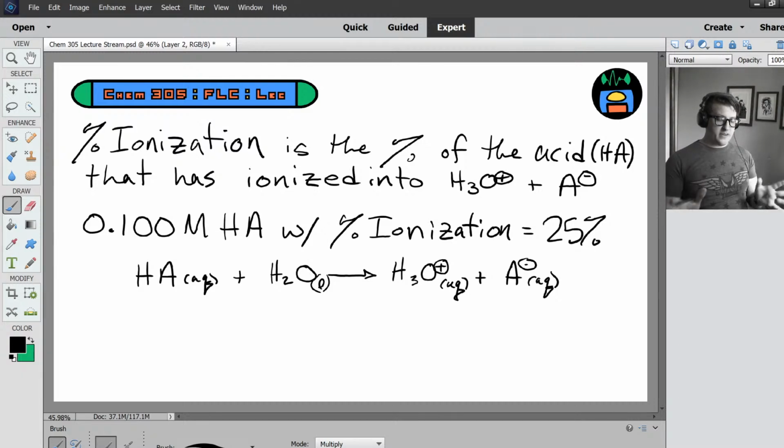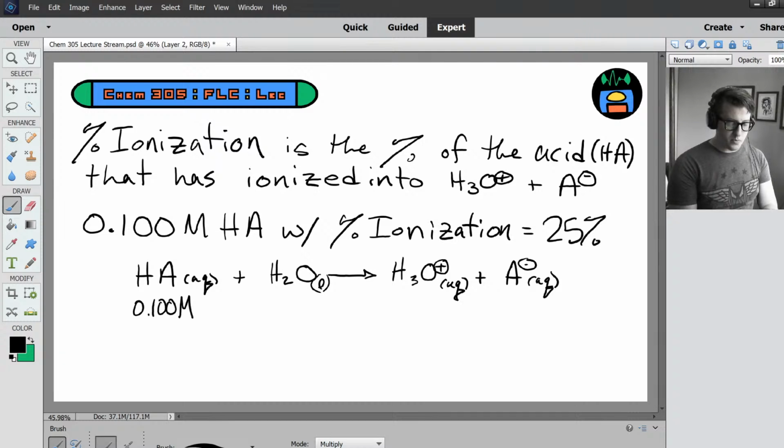If the percent ionization is 25%, what that means is we had an initial concentration of 0.1 molar HA. That means 75% of the acid is still associated, only 25% ionized.